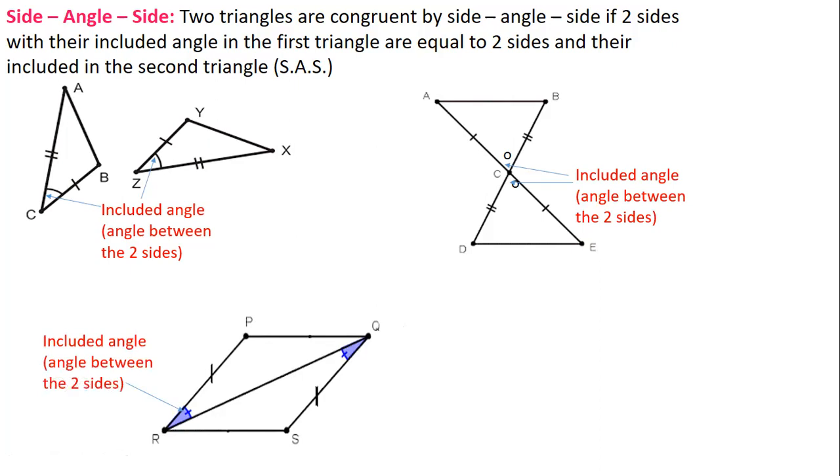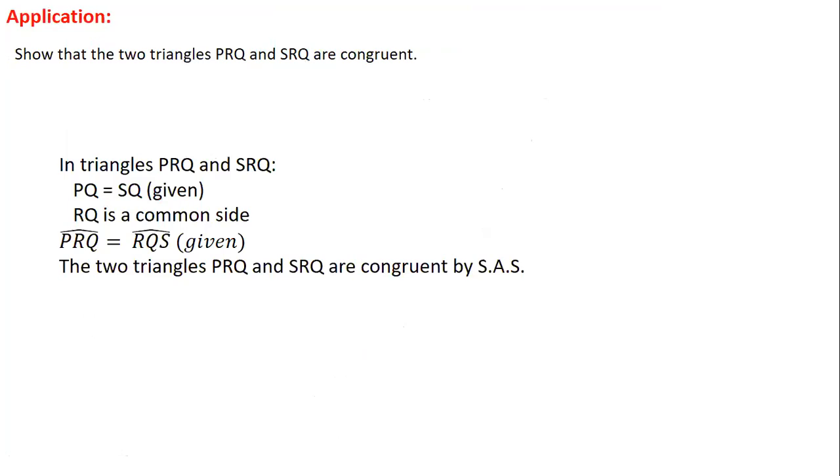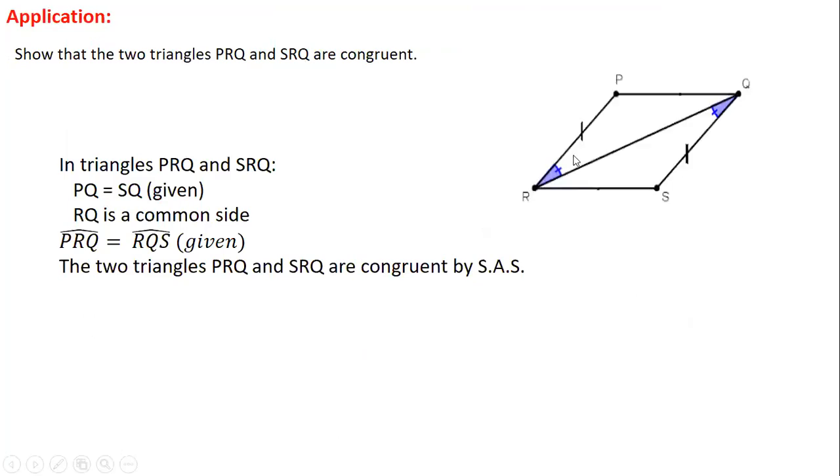After knowing what we mean by included angle, now let's practice an application. I have this figure in front of me. The question is, show that the two triangles PRQ and SRQ are congruent. I should see the marked elements, but before that I should write a starting sentence.